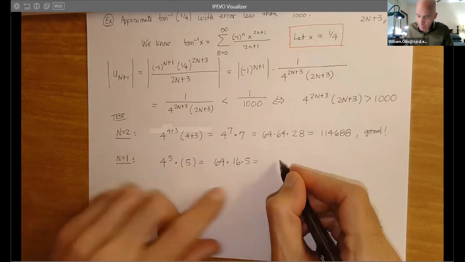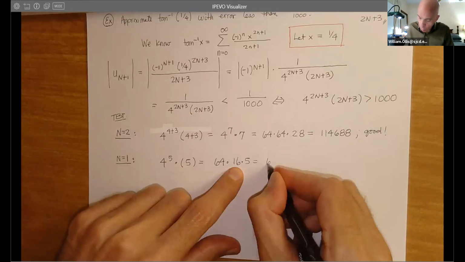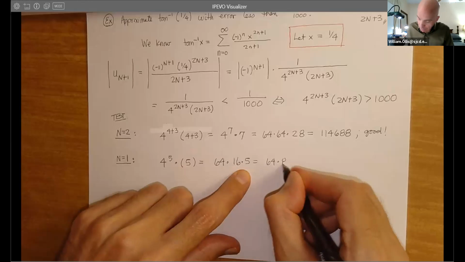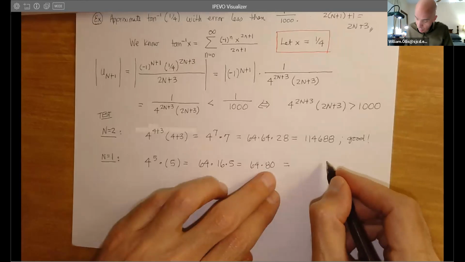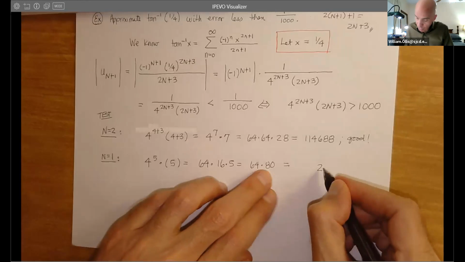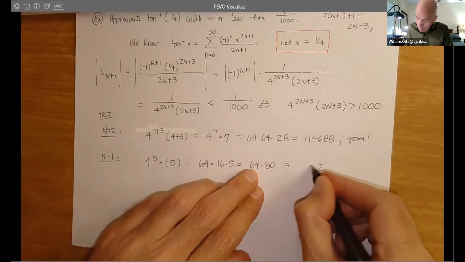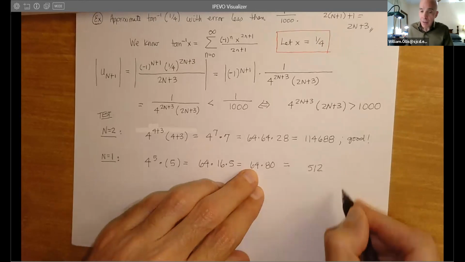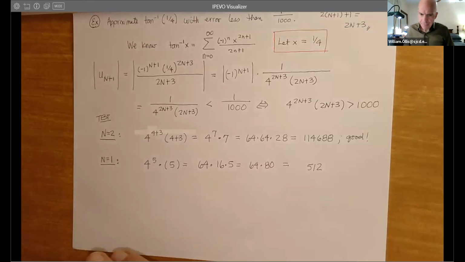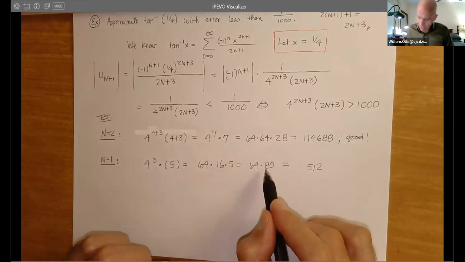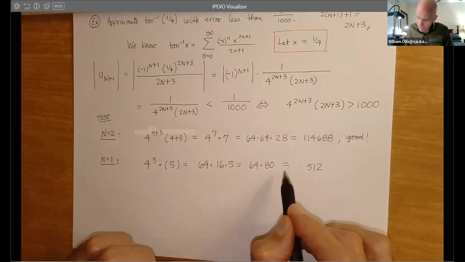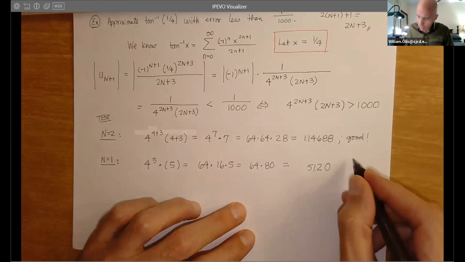So 16 times 5 is 80. So 64 times 80. We can actually do this in our head. So that's going to be a 2 and a 3, so that's a 512, right? Now, when we've got the 80, we've got 512 and a 0. And that's even better. That's good.